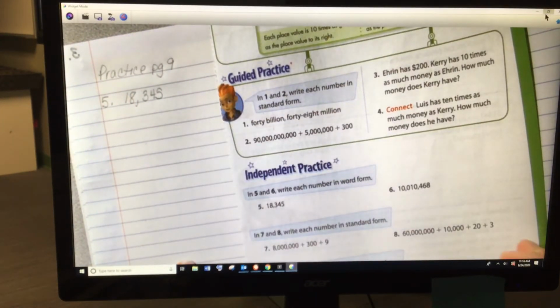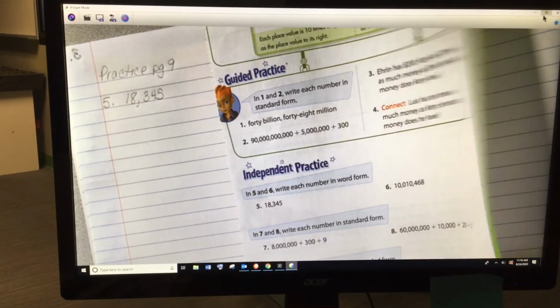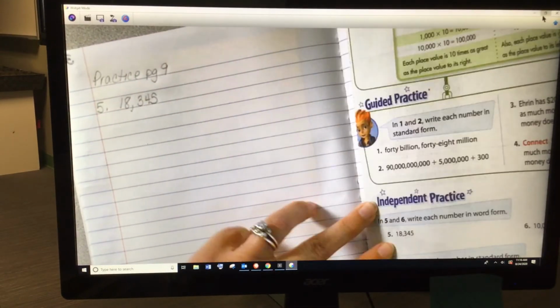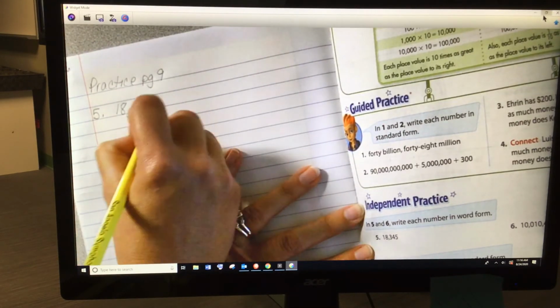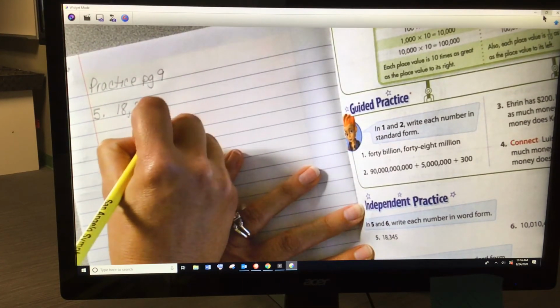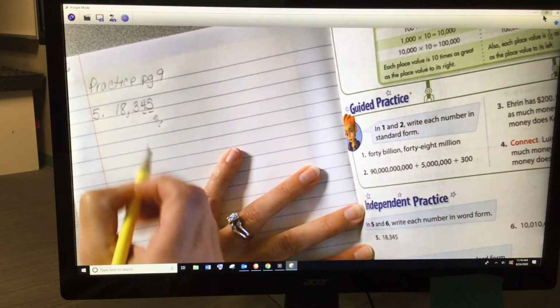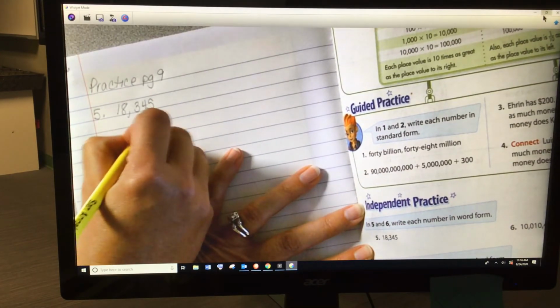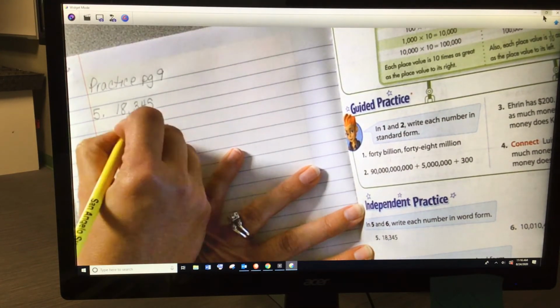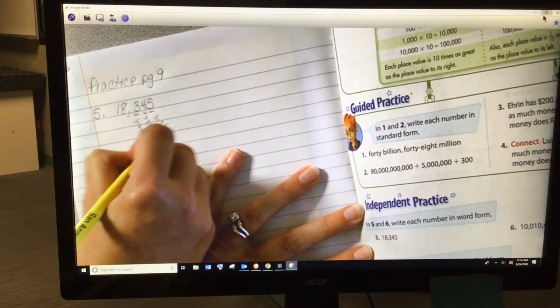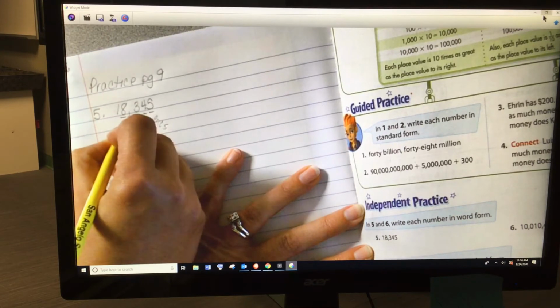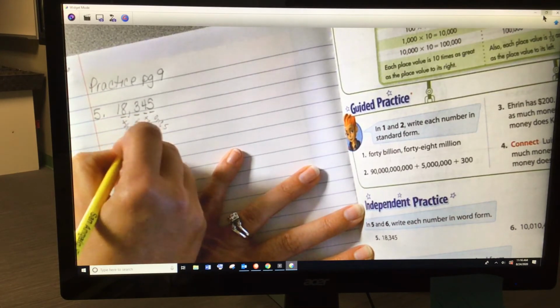Okay. So let's use this with our place value. So we have the ones place. We have the tens place. We have the hundreds place. We have the thousands place.